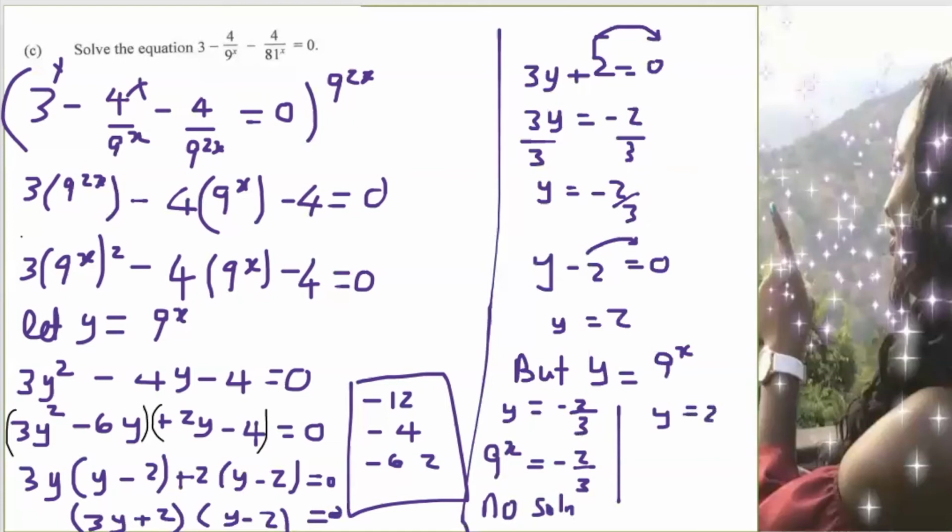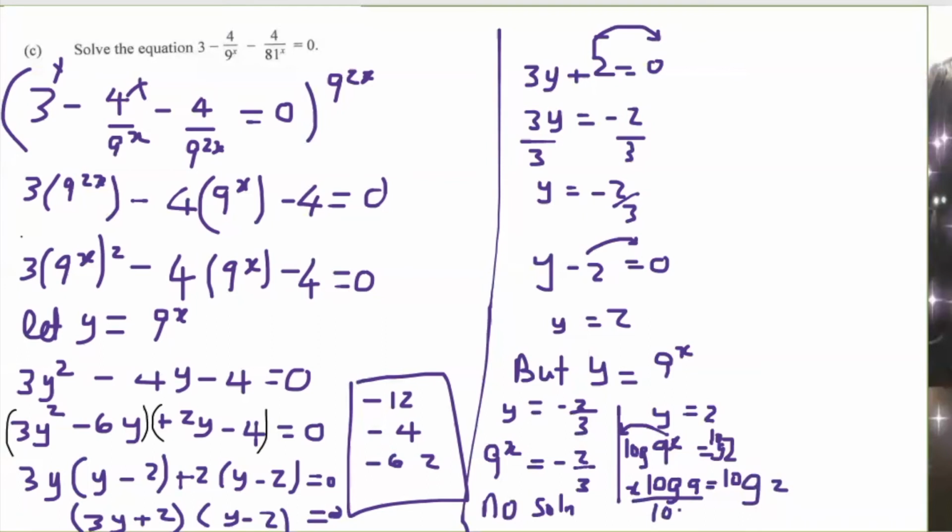For y equals 2, I'll replace y with 9 to the power x, and then it's equal to 2. Now what I can do is log both sides. So I will log both sides, and then we will carry the x in front of the log. So I will have x log 9 is equal to log 2.